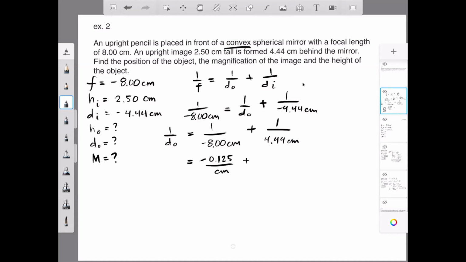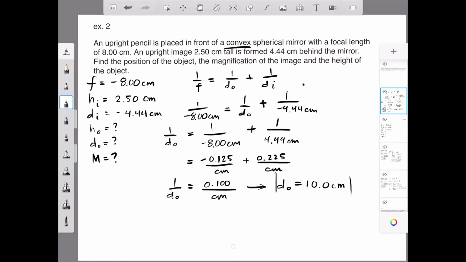1 divided by 4.44 is going to be positive 0.225 over centimeters. That is going to give us positive 0.1. Do the reciprocal. 1 over 0.1 is going to give us exactly 10 centimeters.